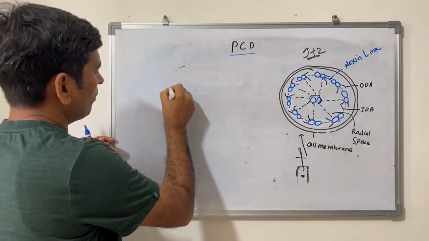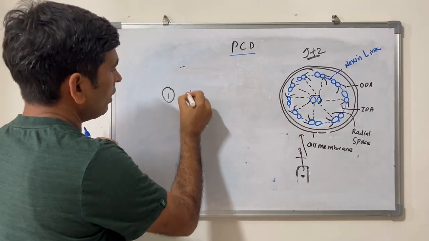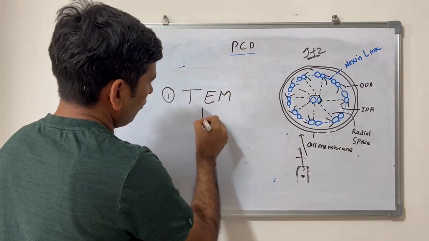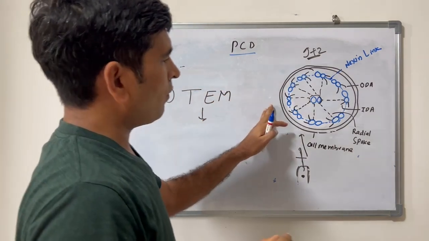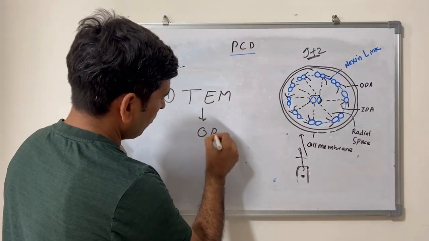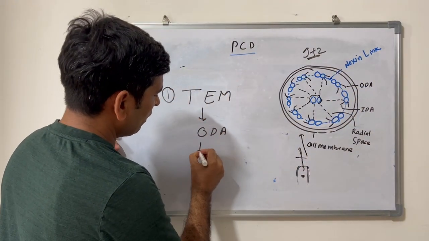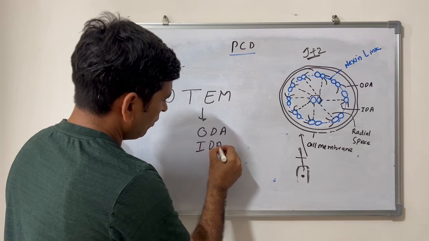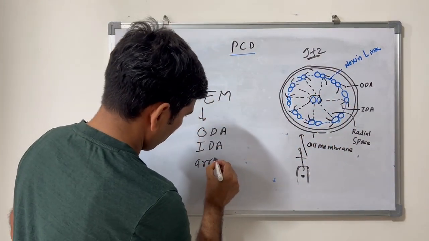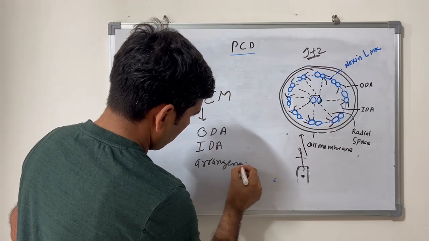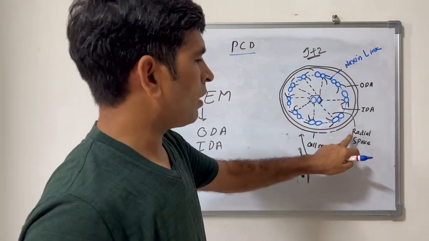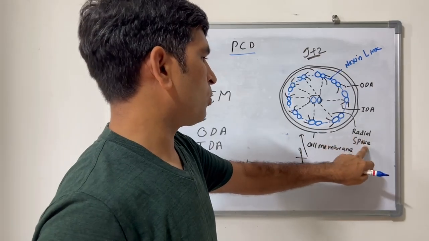There will be a defect in the outer dynein arm, a defect in the inner dynein arm, a defect in the arrangement, absence of the central core, or absence of the radial spoke.